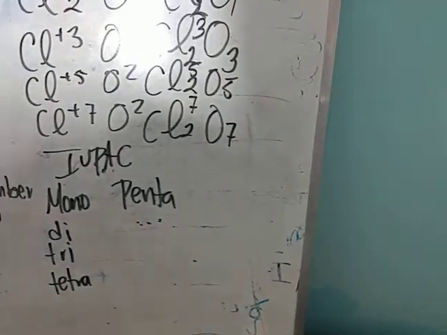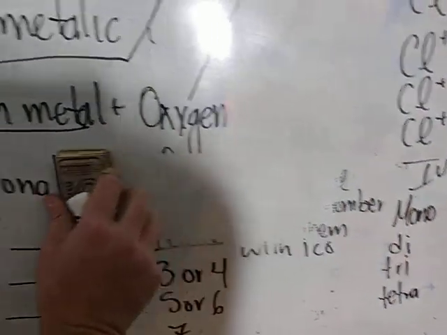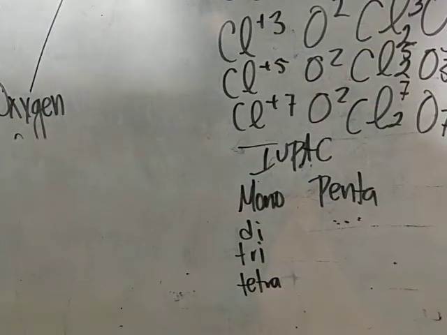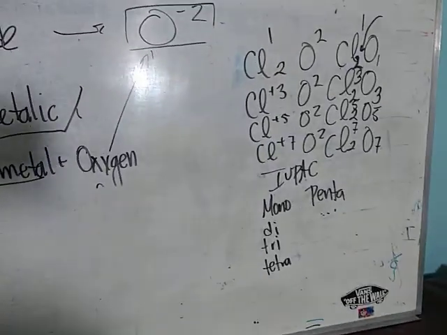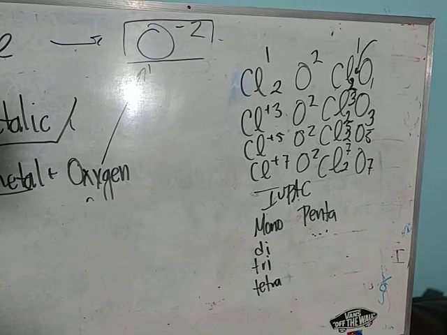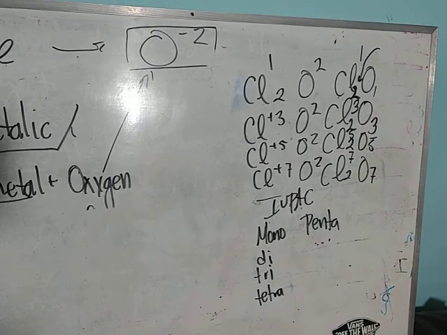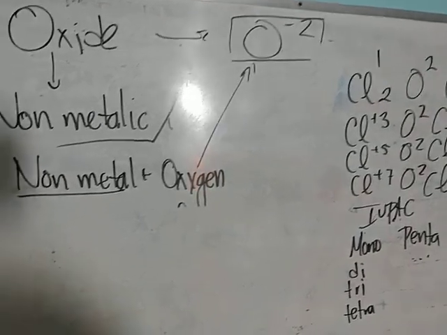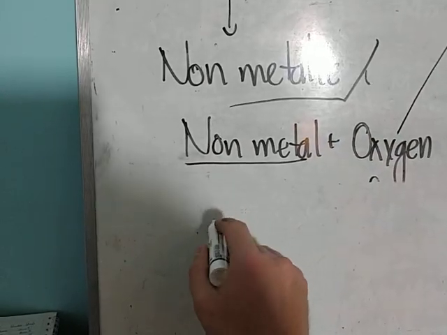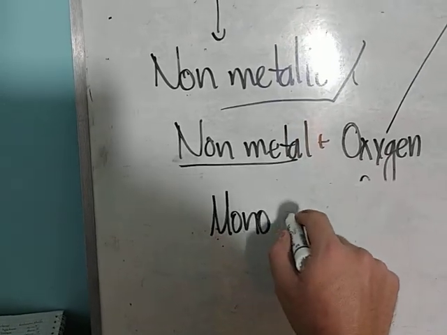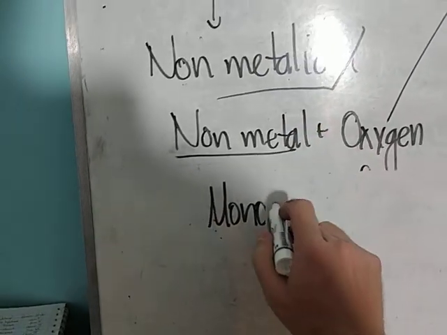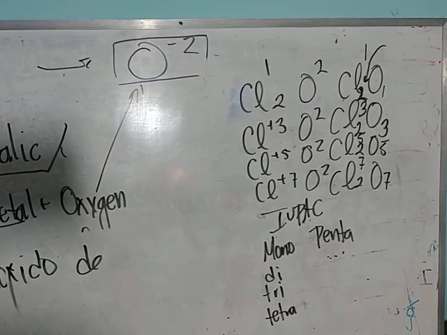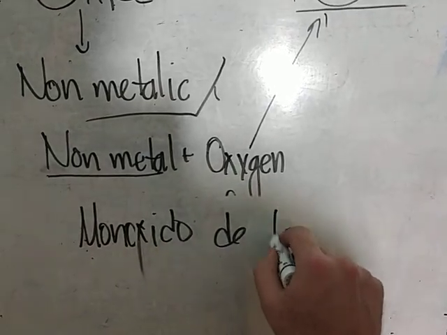In the first part, we're going to name the components using not the traditional form. We're going to use now the IUPAC way. The first component, chlorine oxide, is only working with 2 molecules of chlorine and 1 molecule of oxygen. So I'm going to name mono, óxido, and I have 2 molecules of chlorine, monóxido de dicloro.